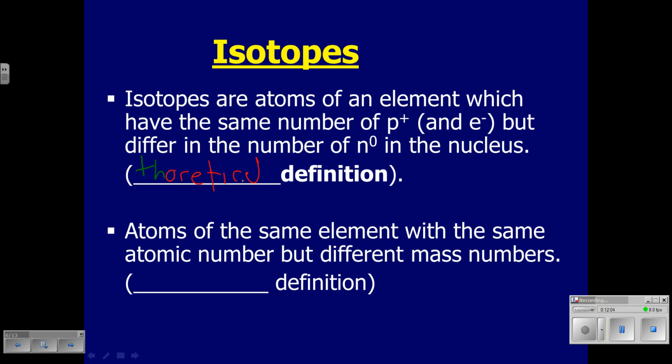And it turns out that scientists can experimentally measure the atomic number and the mass numbers. I won't go into detail on it, but they can. So this is an empirical definition. So: same number of protons, different number of neutrons; same atomic number, different mass number.